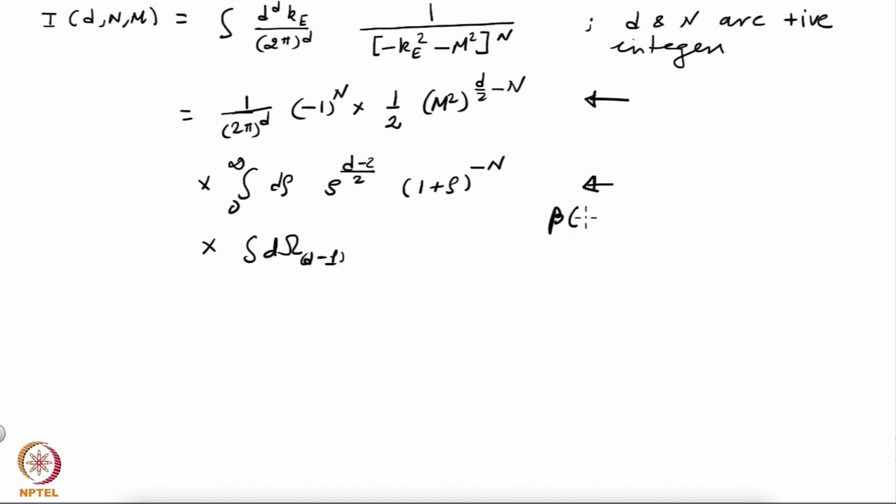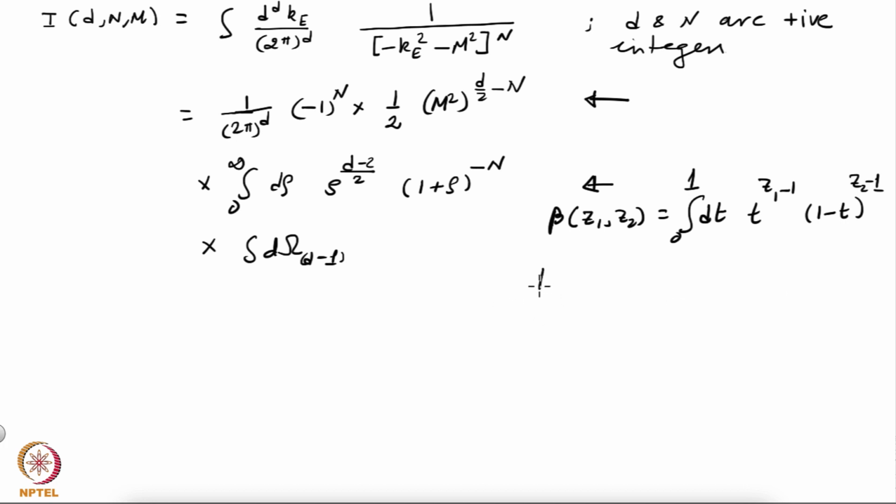So beta of z1, z2, where z1 and z2 are complex. There will be some restrictions on what values are allowed, but this is the general expression. t power z1 minus 1, 1 minus t power z2 minus 1. Okay, that's the definition of the beta function.